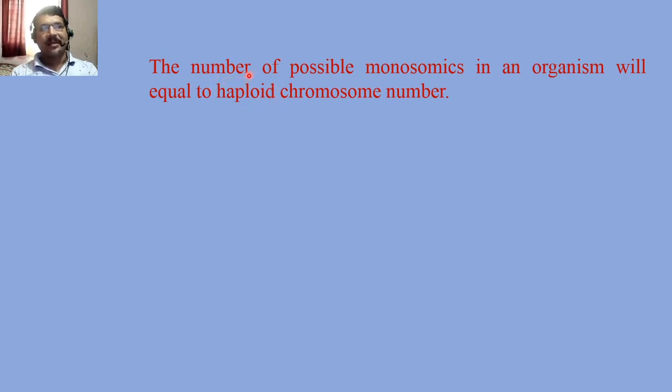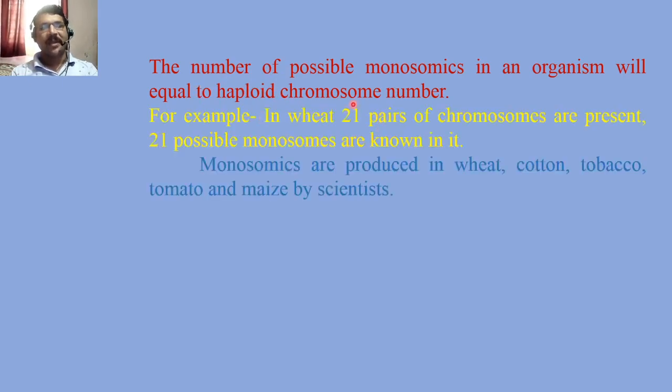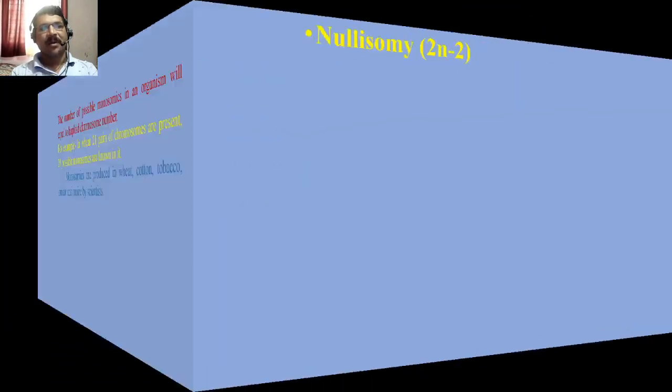For example, in wheat there are 21 pairs of chromosomes, and due to that 21 possible monosomics are known in it. Monosomics have been produced by scientists in wheat, cotton, tobacco, tomato, and maize.